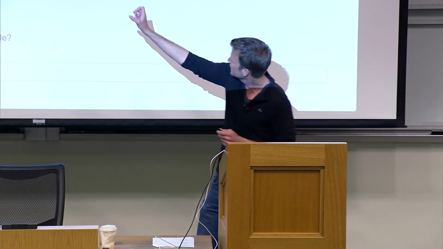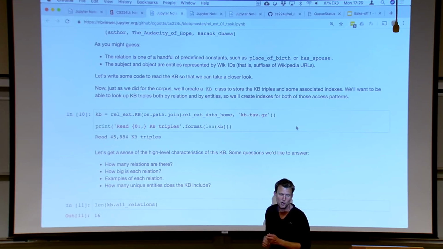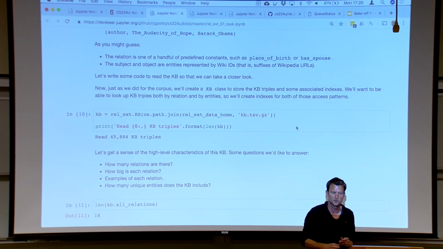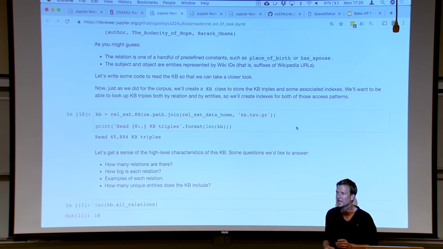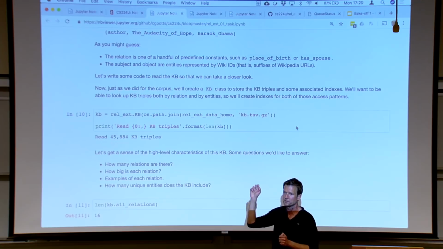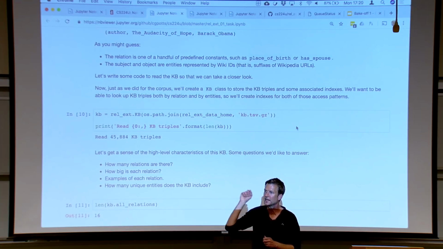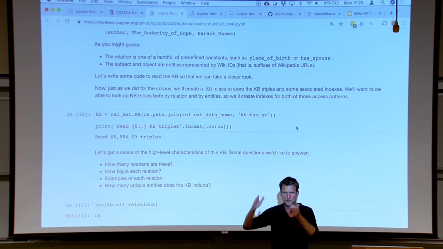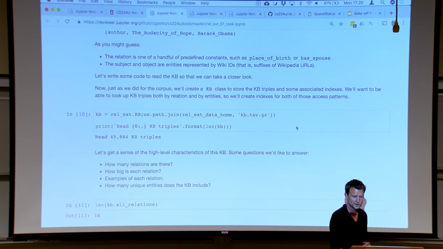The relation, the thing in the first position, is one of a small number of predefined relations, like place of birth or has spouse. And the entities that appear in the second and third position, again, are wiki IDs. So it's like the last segment of a Wikipedia URL, and it constitutes a unique identifier that we can connect to the identifiers used in the corpus.